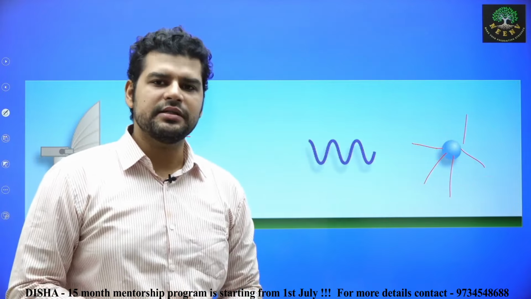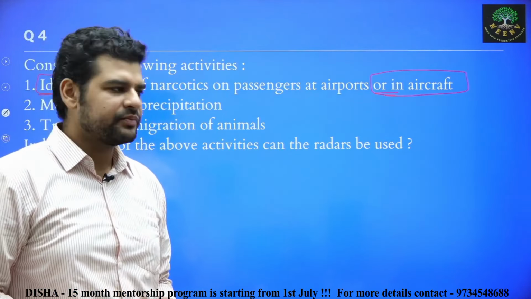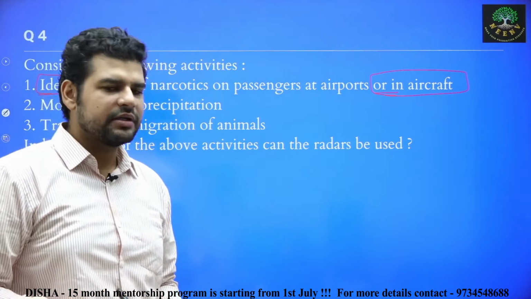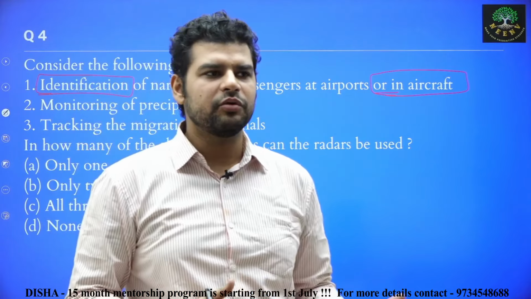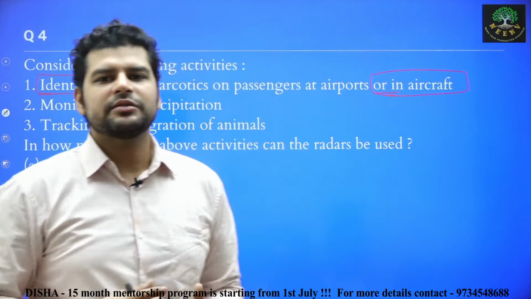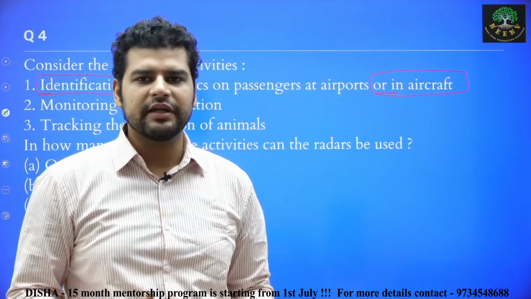Now if we see the first option, the problem is the words used, the word identification. In aircraft, how will a radar identify which chemical it is? That's the problem, because it's in powder form or tablet form. If you have recently seen the movie Crew with Tabu, Kareena and all, smuggling is difficult to detect without the help of humans, dogs and everything, right?